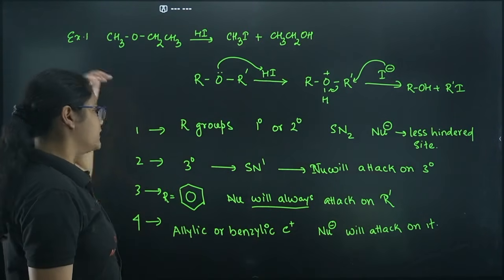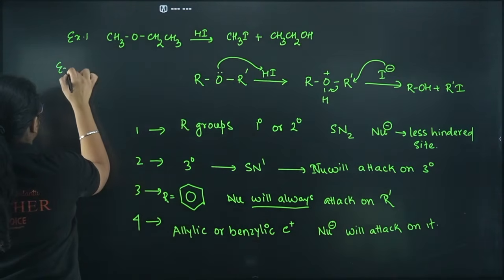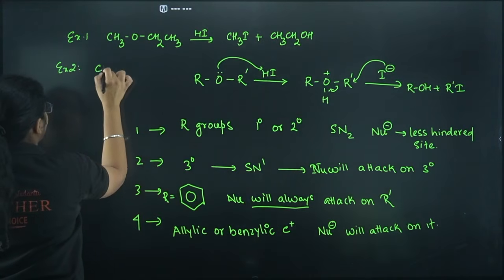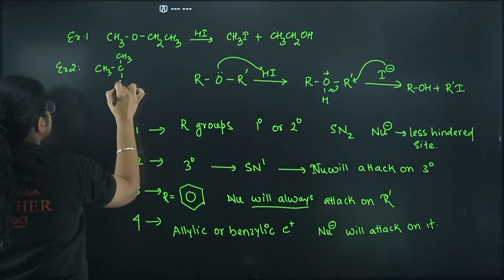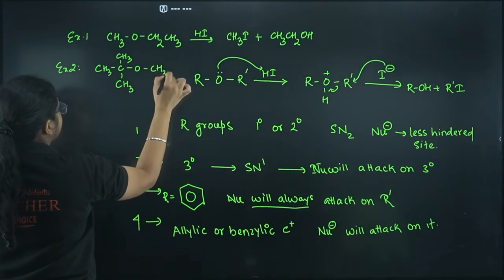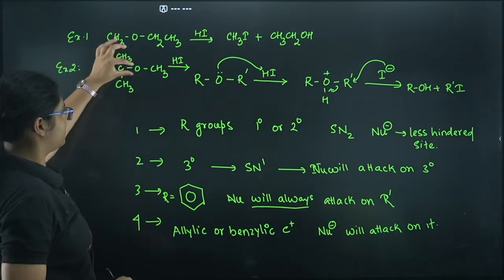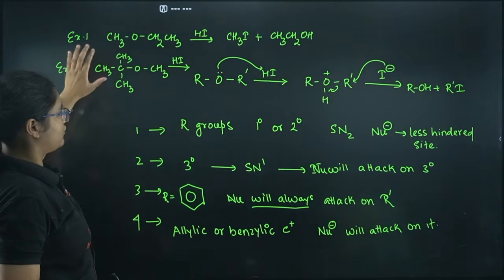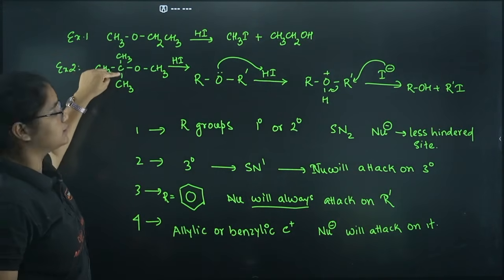Next, the second case is tertiary. If one group is tertiary, example 2, if I have C(CH3)3 and OCH3, and I react this with HI, again there will be protonation, and as I have told you, if one side is tertiary, then I minus will always attack on the tertiary group.